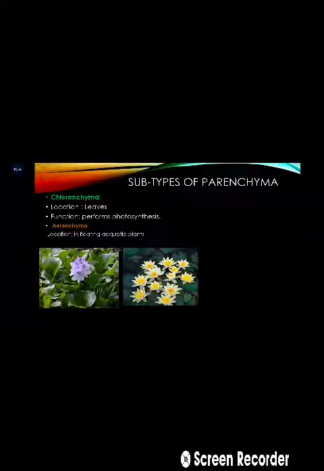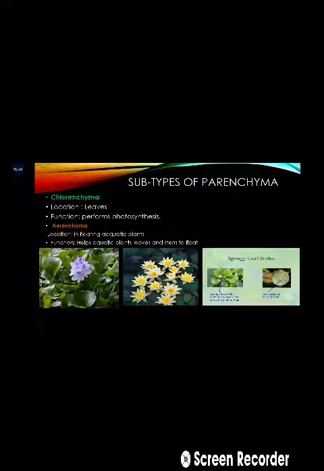Now, examples of this aerenchyma are the Eichhornia, which are floating plants. You have lotus, lilies, water lilies, or the pistia. All these are aquatic floating plants.